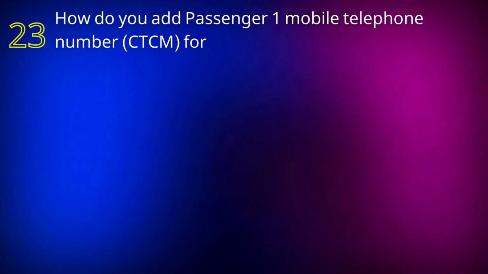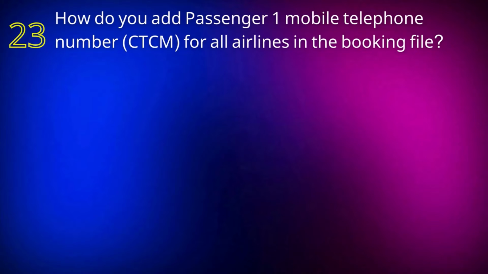How do you add passenger 1 mobile number CTCM format for all airlines in the booking file?